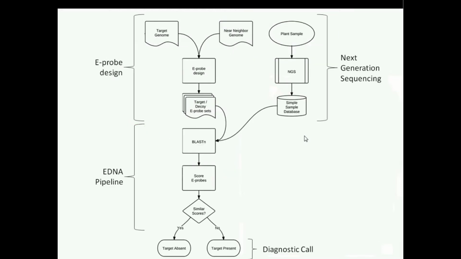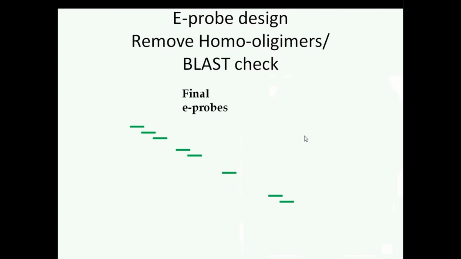Once these are done, you also have a set of decoys, which are basically these E-probes in reverse. Not reverse complement, but the reverse. So it has zero sequence similarity, but similar GC content and things of that nature.